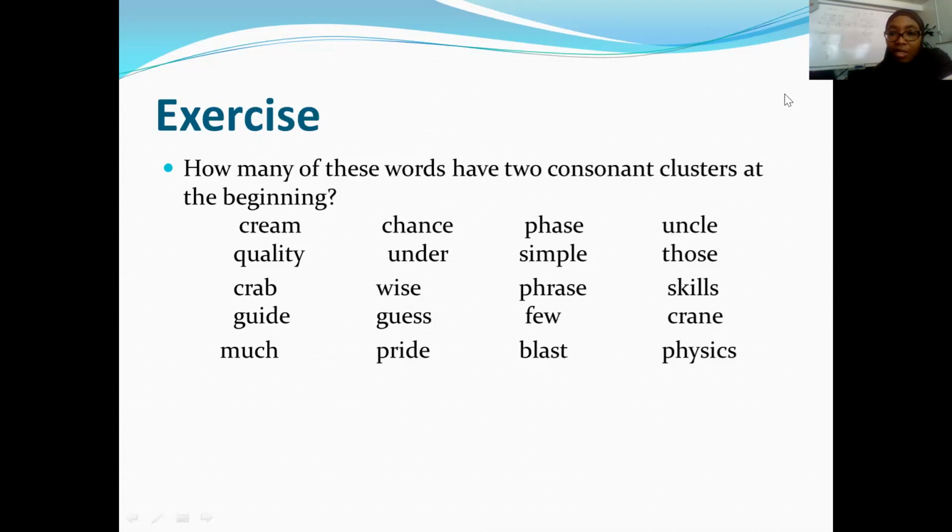Face, simple, phrase, feel, blast, uncle, those, skills, crane, and physics. How many of those words have two consonant clusters at the beginning?